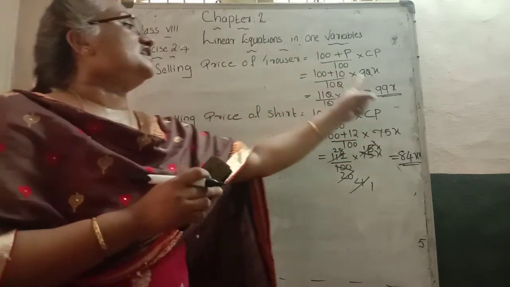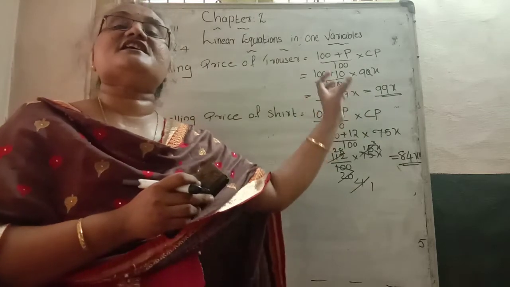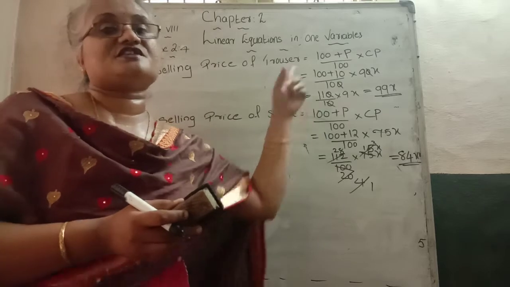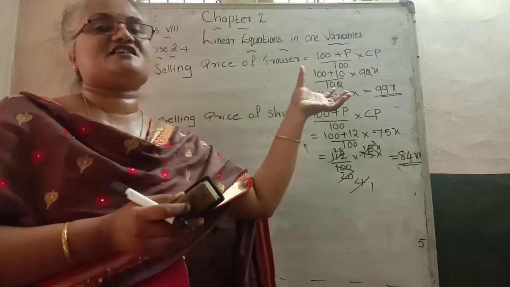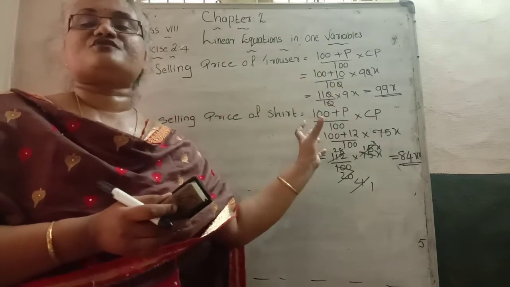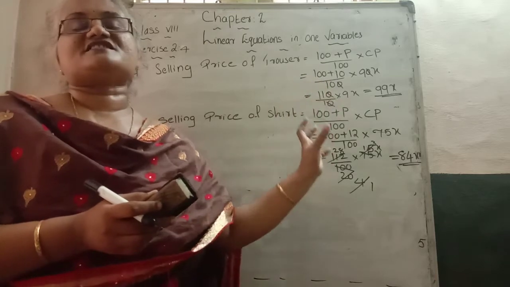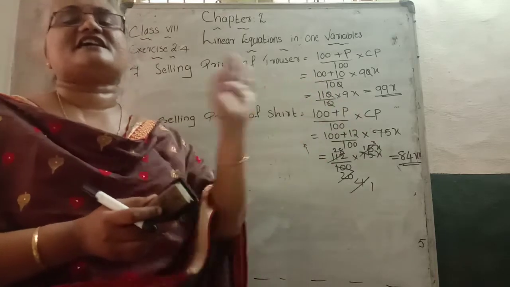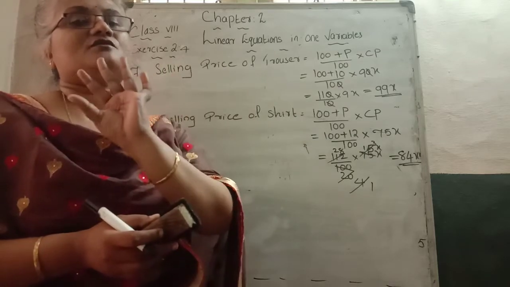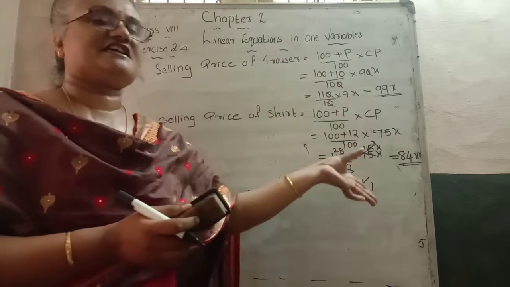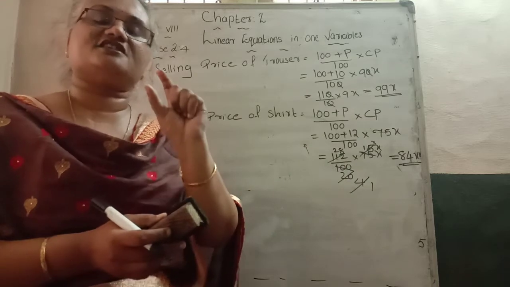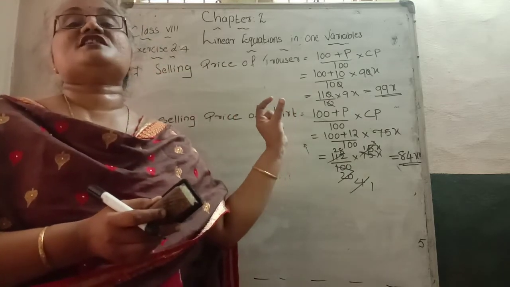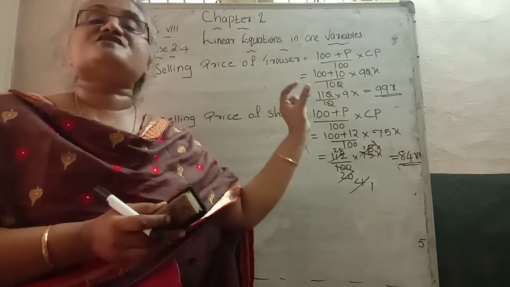The selling price of the trouser is 99x. X is our aim; we want to find x. Then you get the exact selling price of the trouser and of the shirt. But here they are asking only how much total material of trouser he purchased.